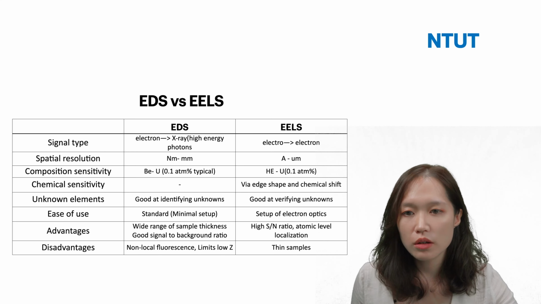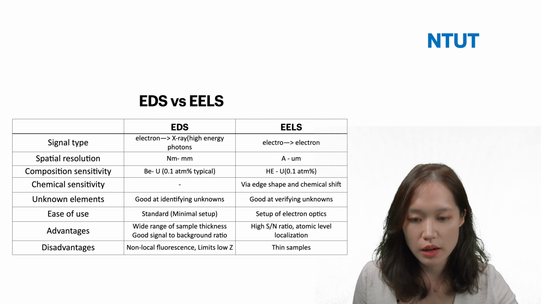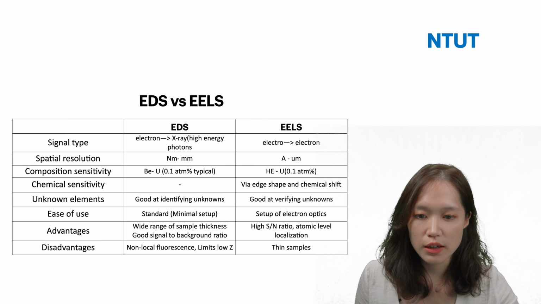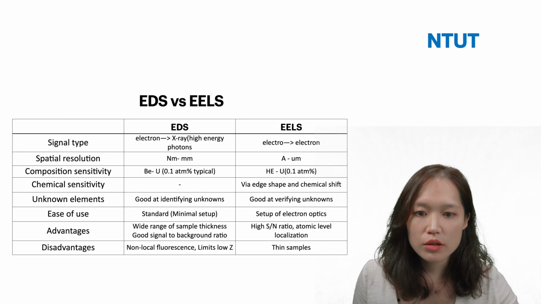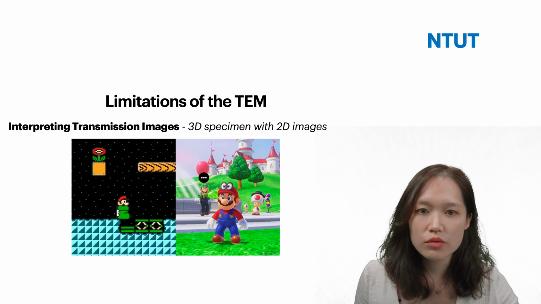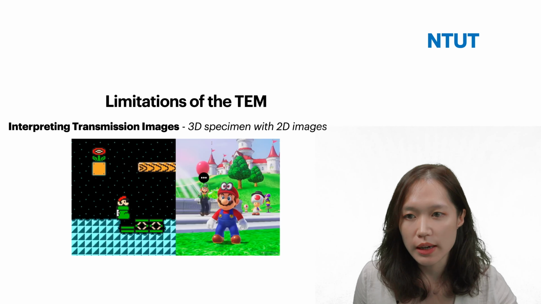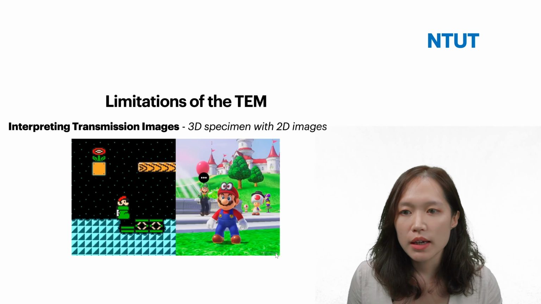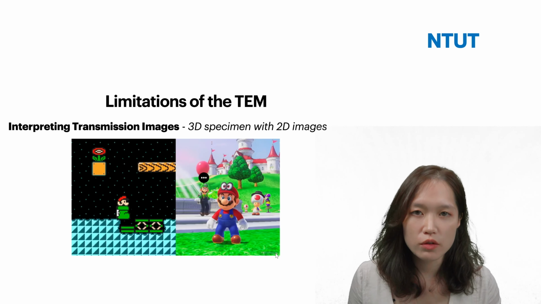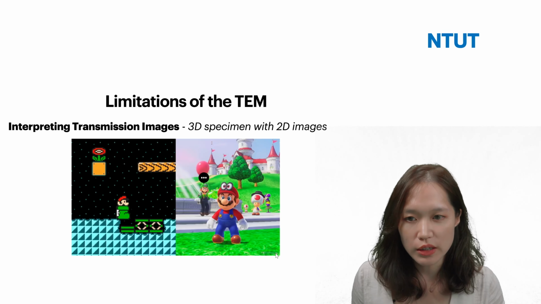So we've been talking about a lot of TEMs, the structure, and also the EELS, which is kind of the add-on structures of TEM. Let's talk about the general limitations of TEM. The general limitation of TEM is we are dealing with a 3D specimen with a 2D image.